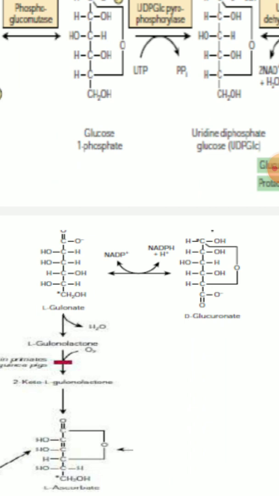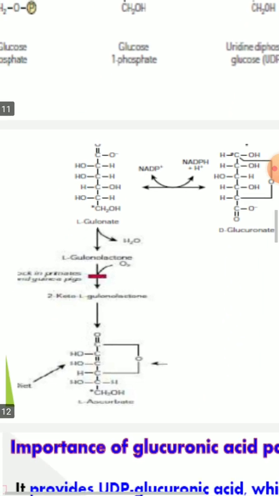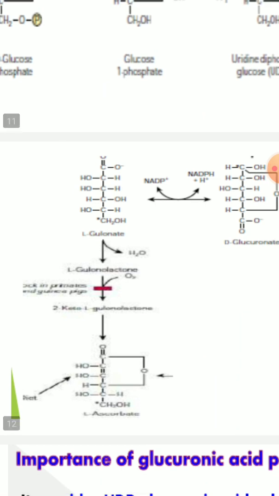So this reaction involves NADPH, which is going to act as a cofactor. Further, it is involved in the removal of a water molecule, that is a dehydration reaction is happening, by a dehydratase enzyme. This results in the formation of L-gulonolactone. Then this L-gulonolactone is further undergoing an oxidation reaction.